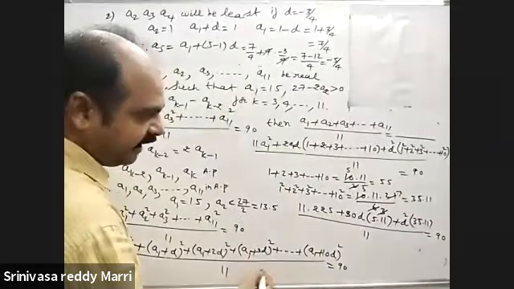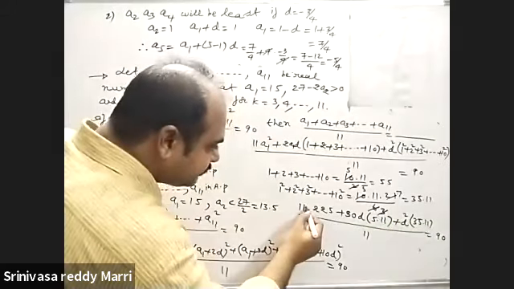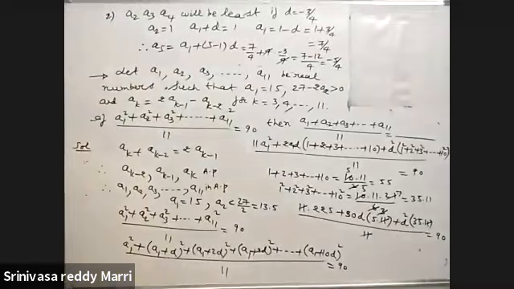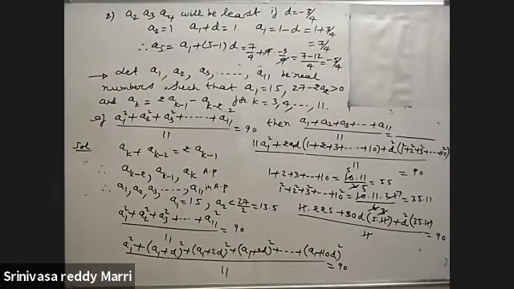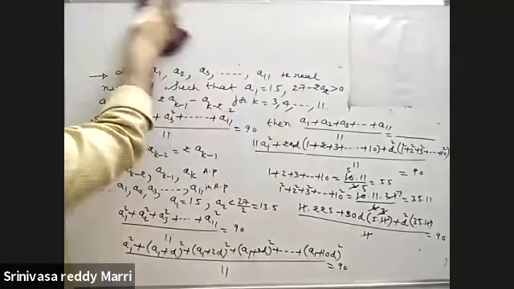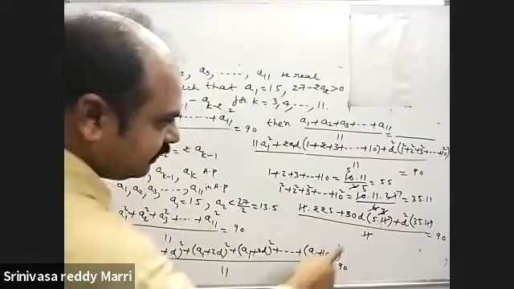Can I strike off 11? So 11 is common. I am striking off 11. In each and every term, 11 is there. Now you will get an equation in D. So what is the equation you will get here? Look at D square.